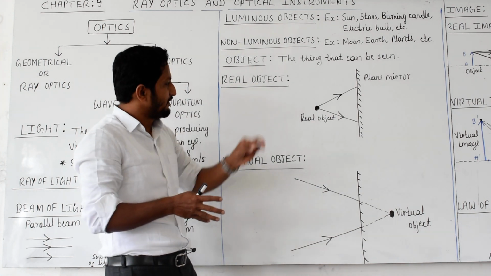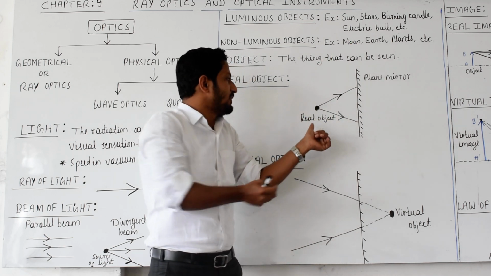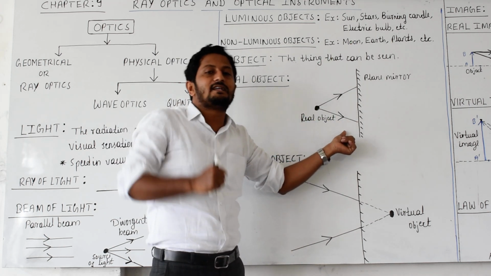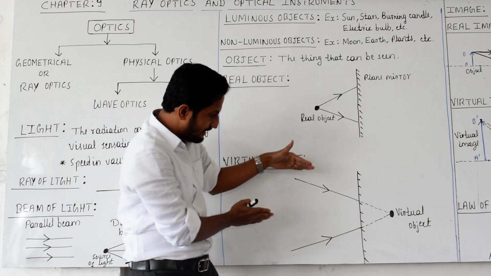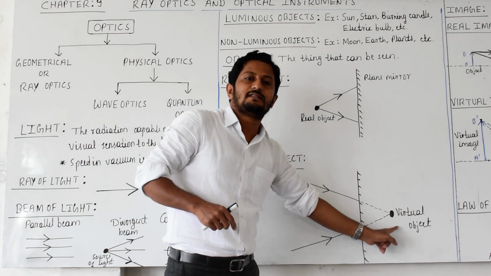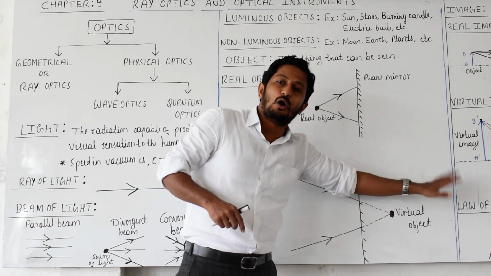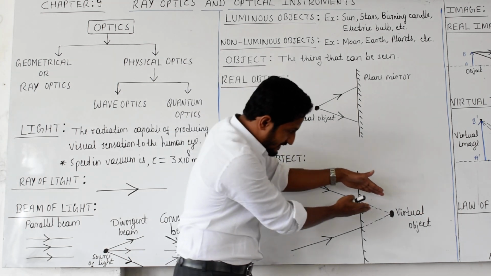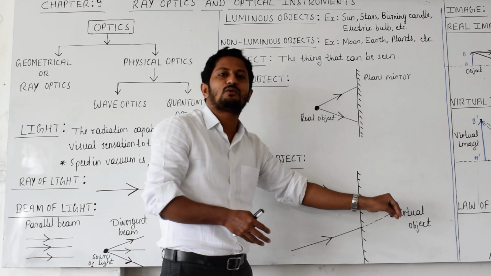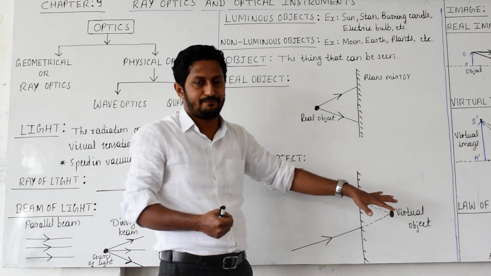If light rays are diverging from any object, such an object we treat as a real object. If light rays are converging at any point, then that object we have to treat as a virtual object. It's our imagination.